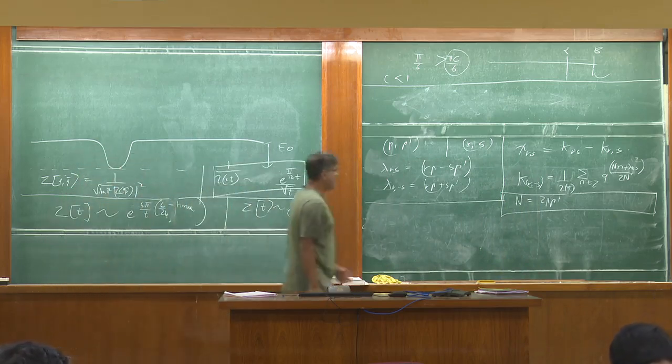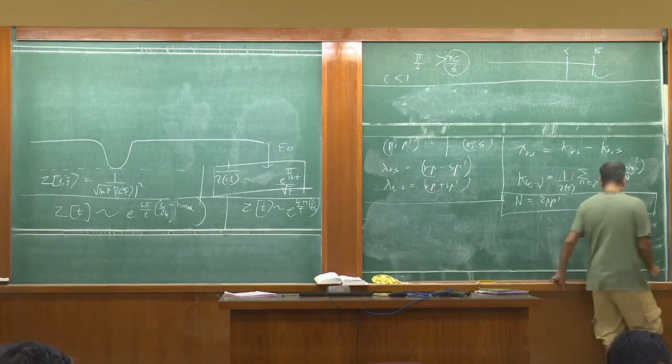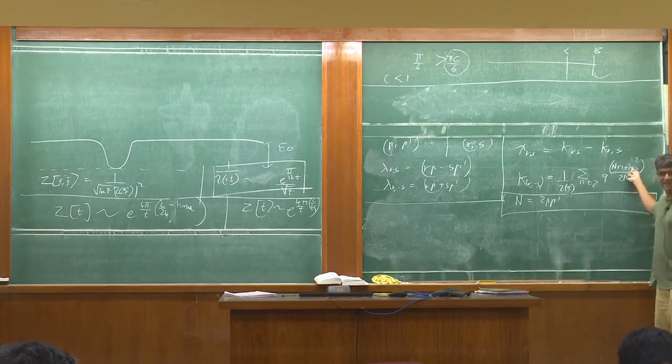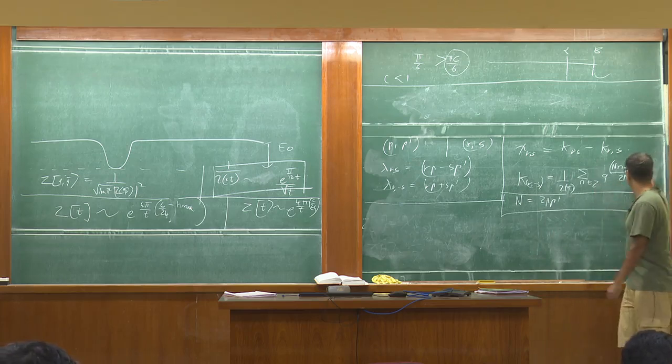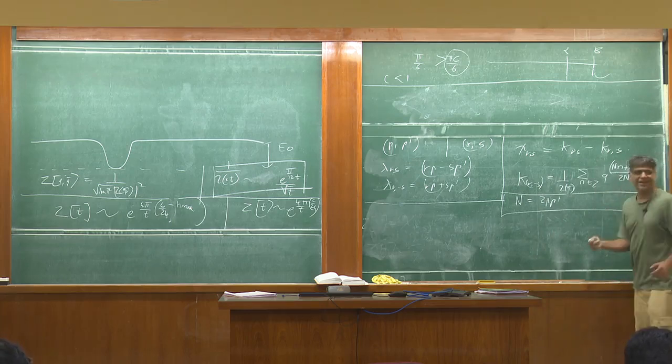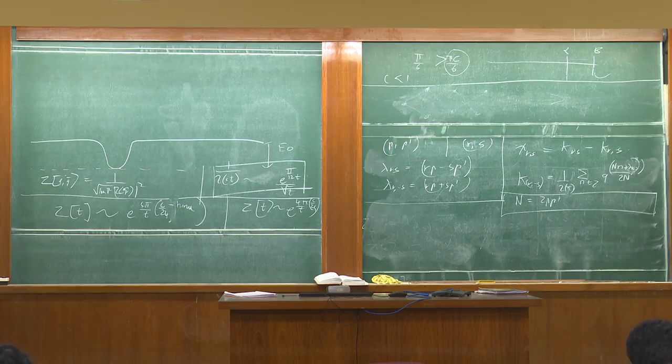If you put in these values of RS and you work it out at n equals 0, this lambda_RS by 2N is basically the scaling dimension of that operator, of the primary operator, h_RS. Okay?